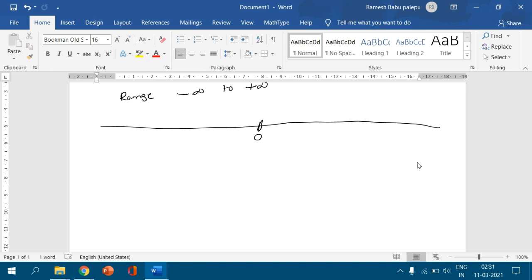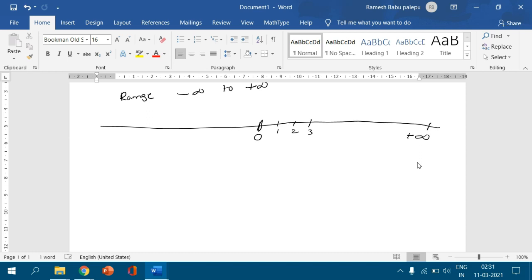We represent the positive numbers on the right side of the number line, that is 1, 2, 3, and so on, and this goes to infinity, or simply plus infinity.